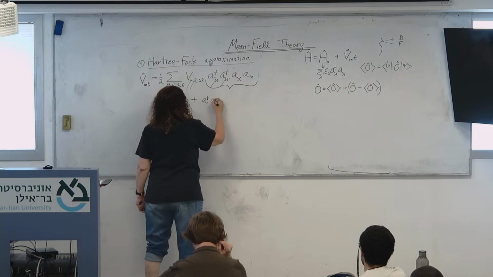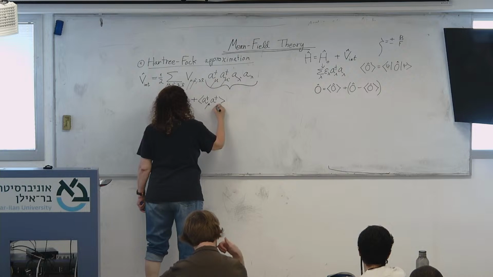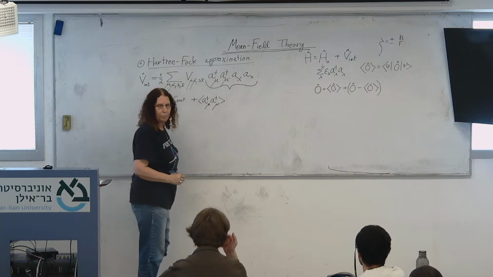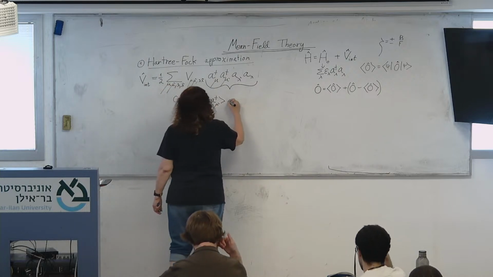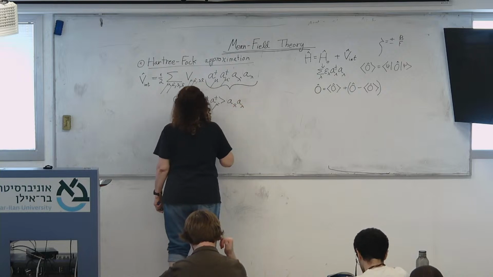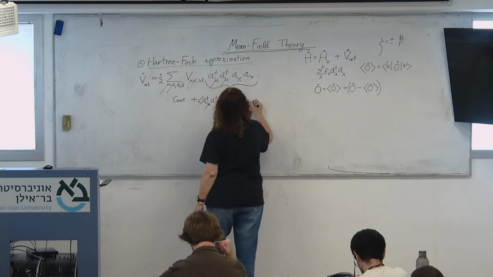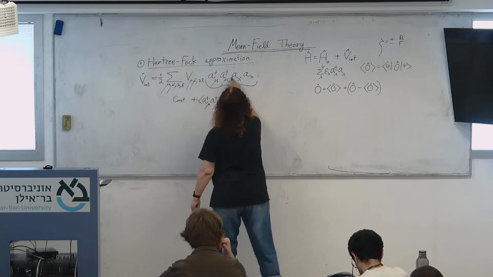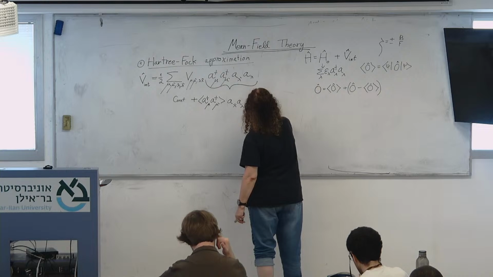So the first option is to put the expectation value on this. Or its Hermitian conjugate, basically.